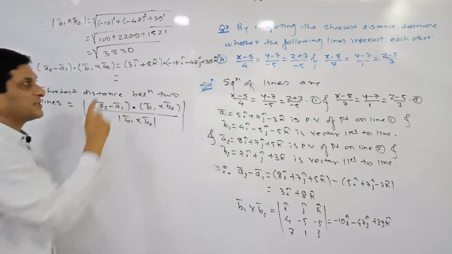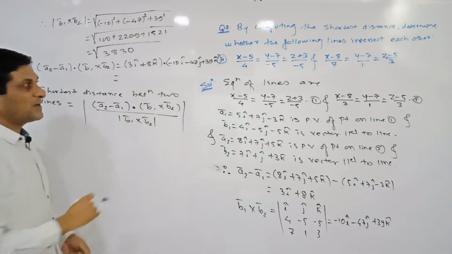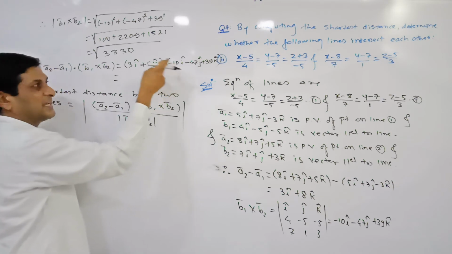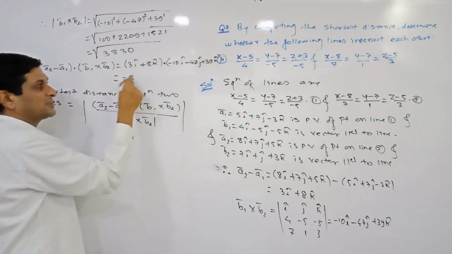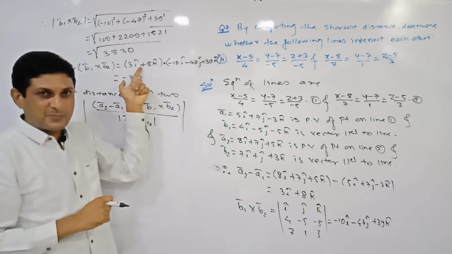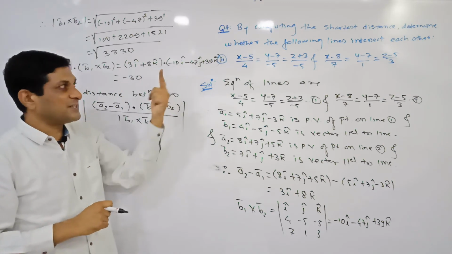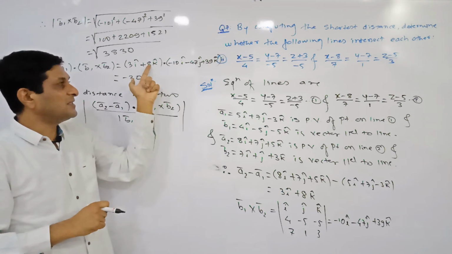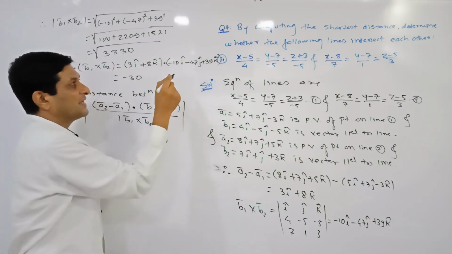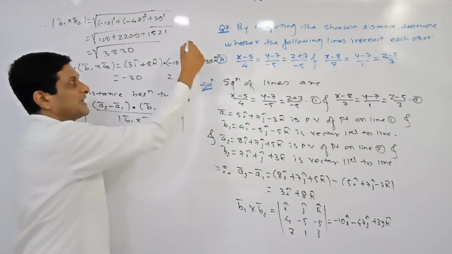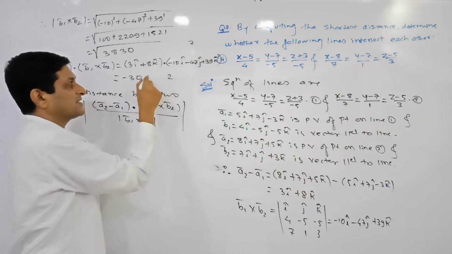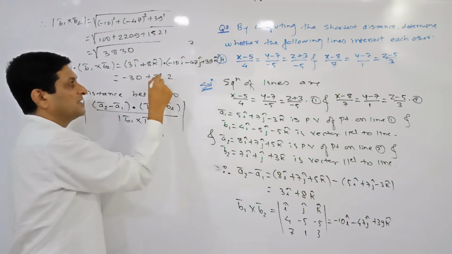Now simplify. First take the product of the coefficients of i cap: minus 10 into 3 is minus 30. The term of j cap is absent, so 0 into minus 47 is 0. And lastly 8 into 39: 8 9s are 72, carry 7; 8 3s are 24, 24 plus 7 is 31, so 312.